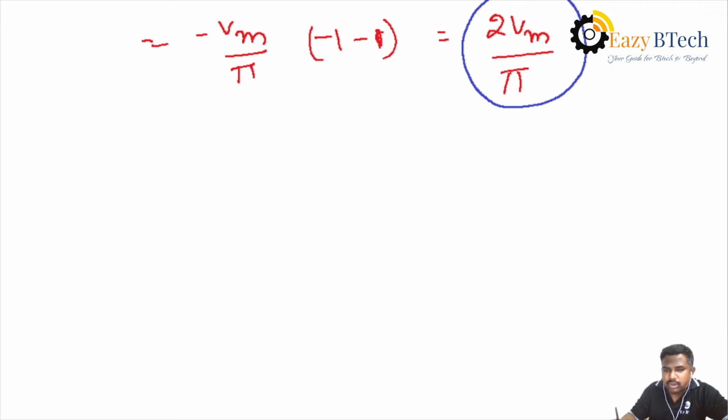Like that, you have to calculate the RMS value also. What is the formula for the RMS value? The RMS value we calculate for the complete cycle. Why? Because of the square root, there is no zero value.